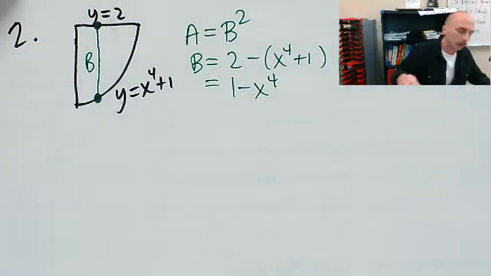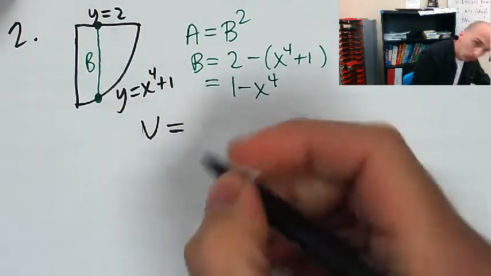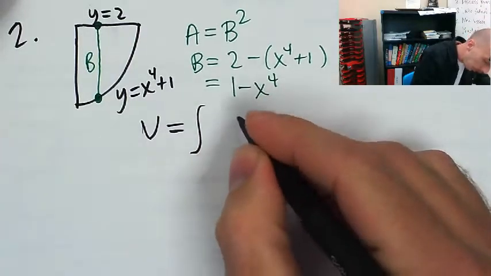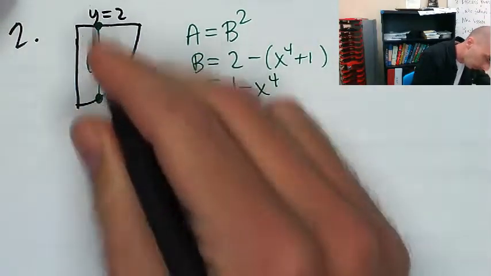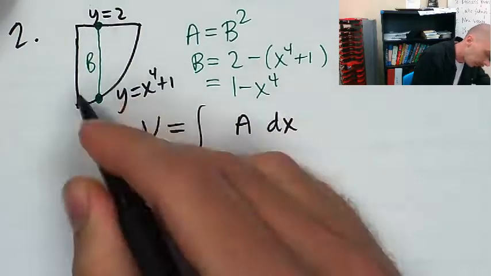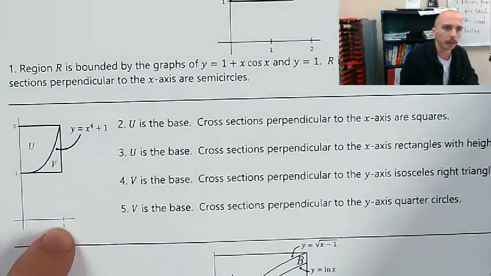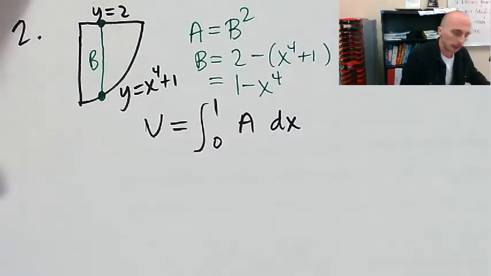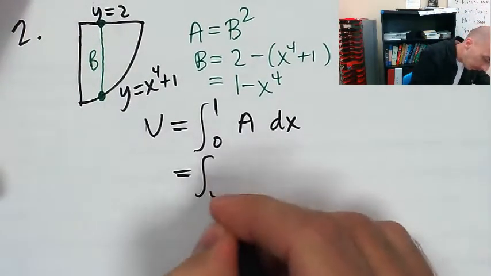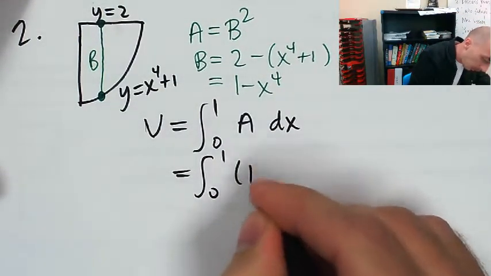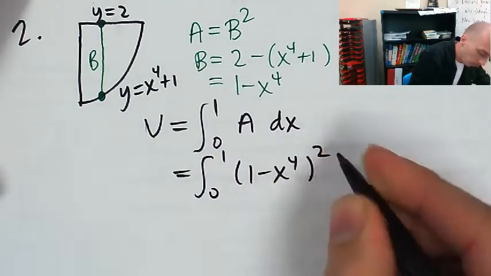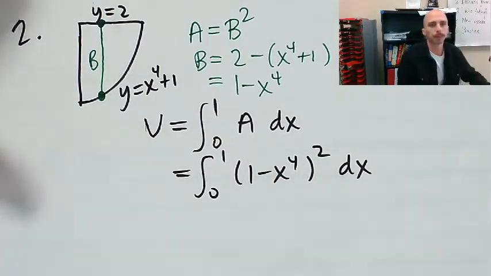We know that volume is equal to the integral of area. We're cutting along the x-axis, so dx as x runs from 0 to 1. You can see it on the image, 0 to 1. With the area formula, that would be the integral from 0 to 1 of (1 minus x to the 4) squared dx.